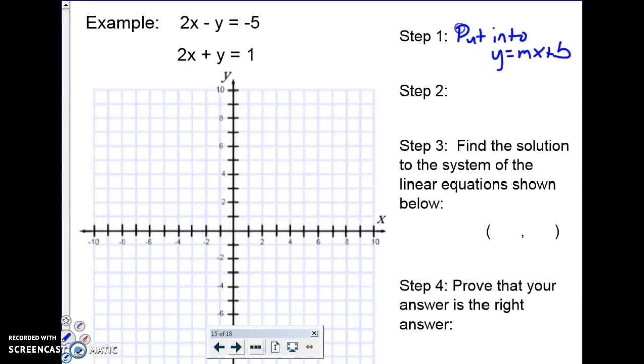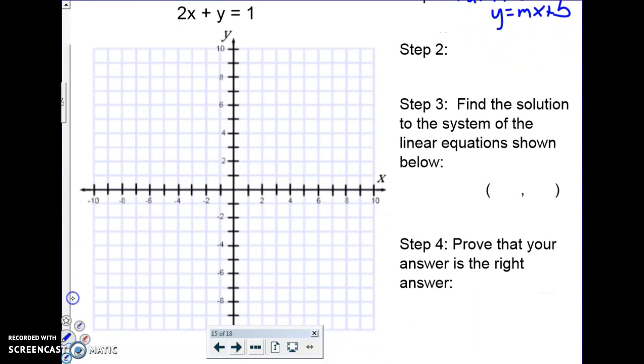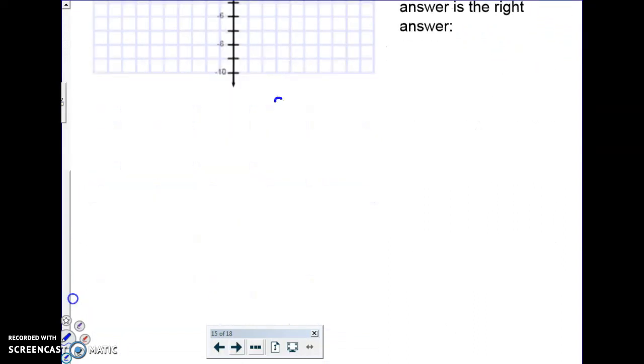So the first one, what I'm going to do, and we could change this work to down here actually. So I have 2x minus y equals negative 5. So the first job is to move the x. So I'm going to do this by subtracting 2x from both sides.